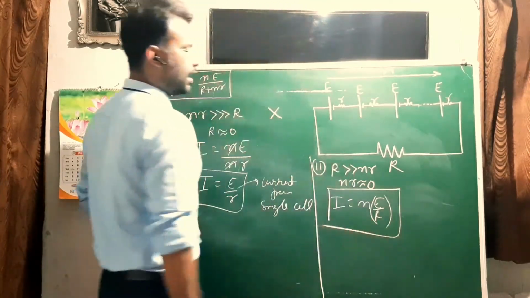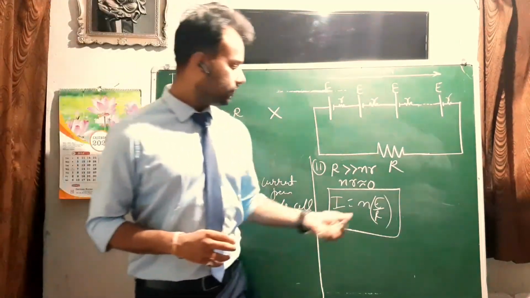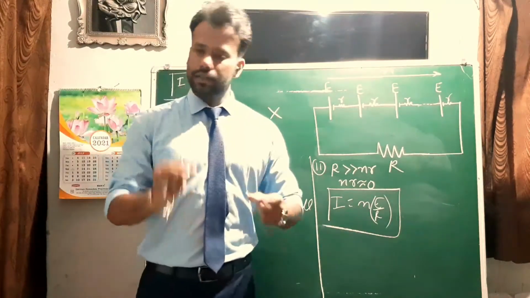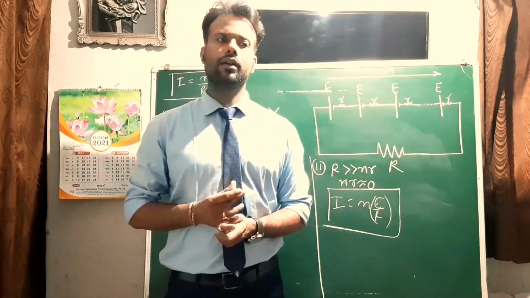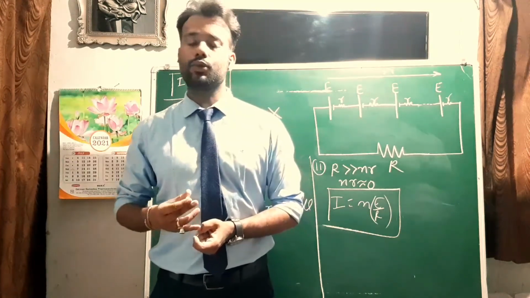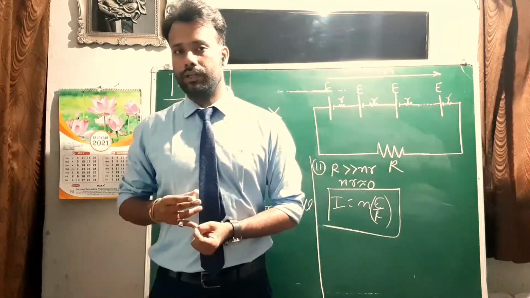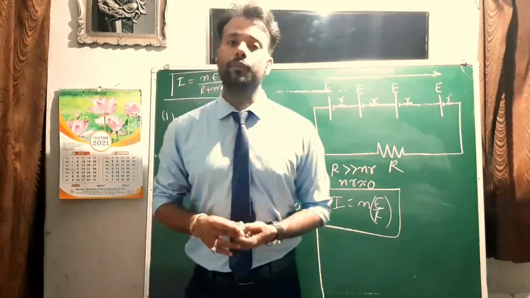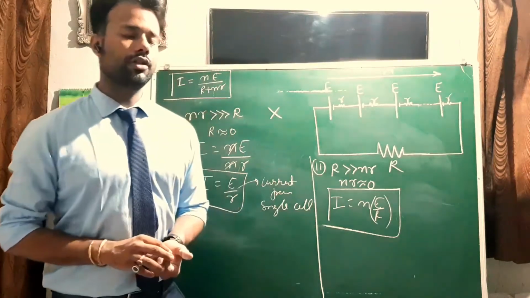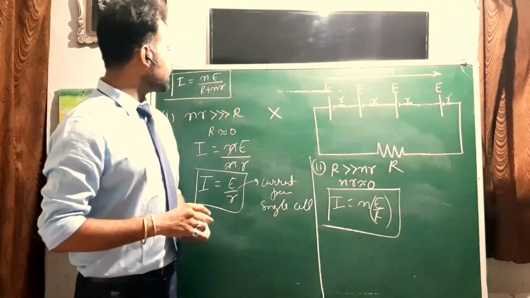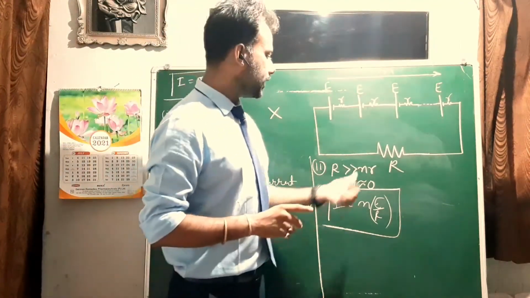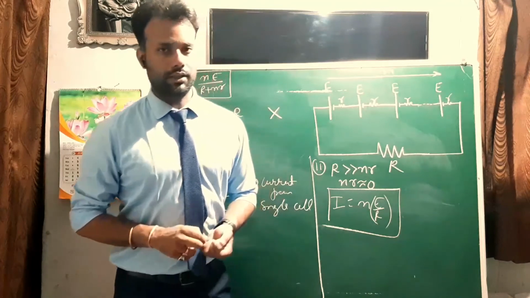So here you can see that we are getting a current N times the current from a single cell. So if one cell is providing a current of, let's say, 2 ampere and you have connected 10 cells in series, you will get 20 ampere of current. The current becomes N times. So it is clear from this discussion that this grouping or configuration is used only when the external resistance of the circuit is more than the total internal resistance.